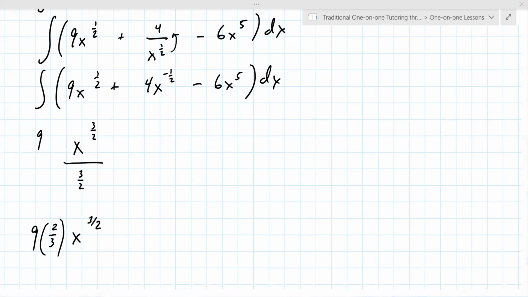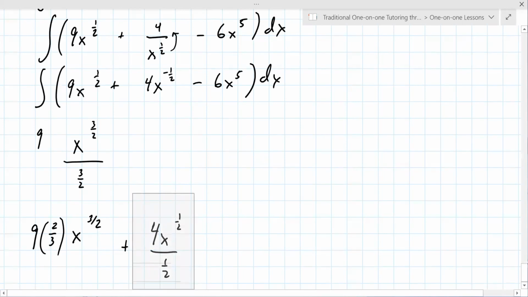And then it's x to the, so -1/2 plus 1 is 1/2, over 1/2.